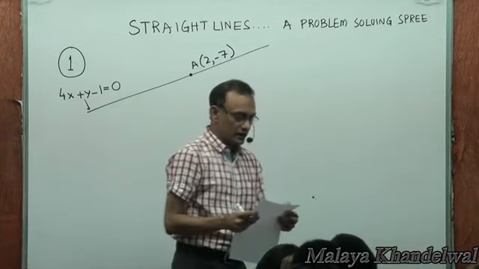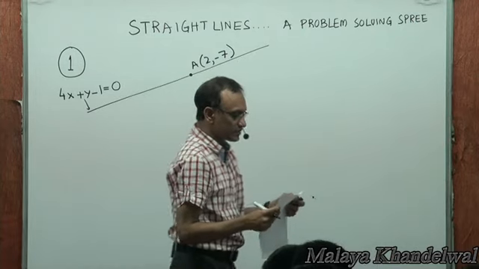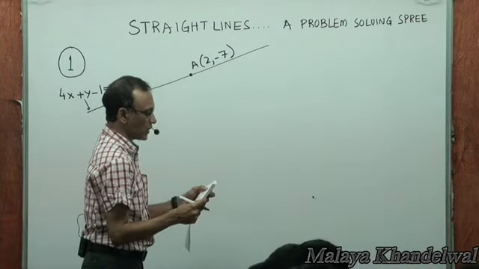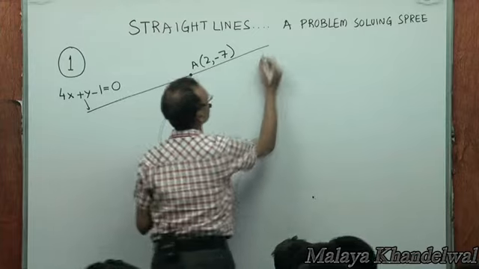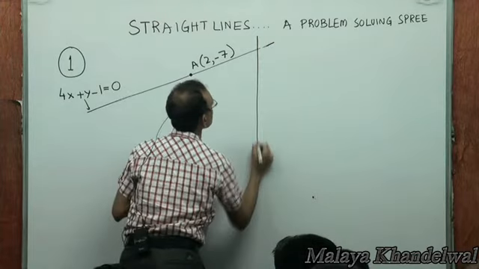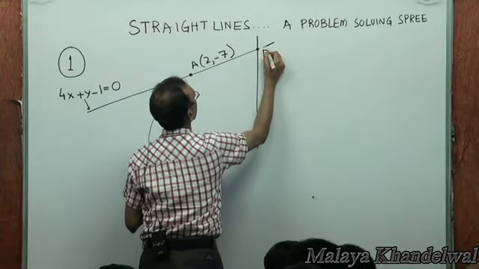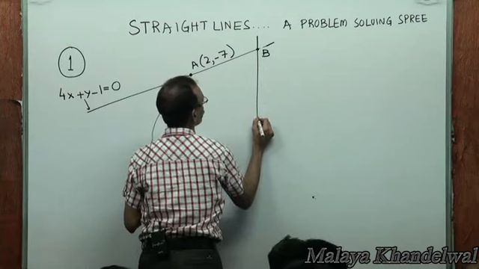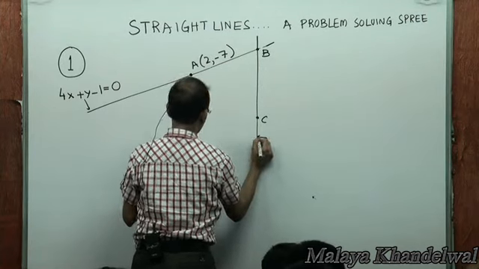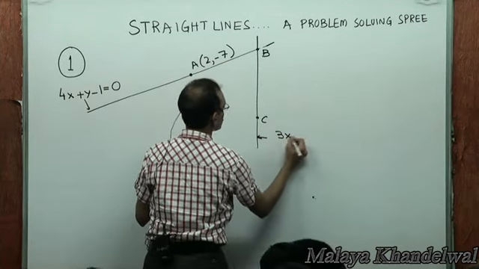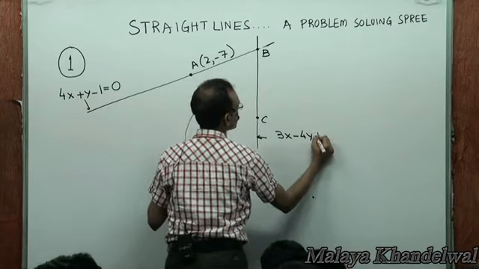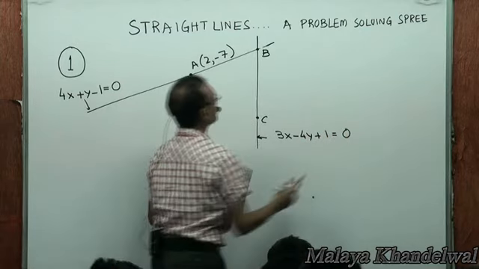Meets the line BC, whose equation is 3x minus 4y plus 1 equal to 0 at the point B. So this is a line BC, call it 3x minus 4y plus 1 equal to 0.